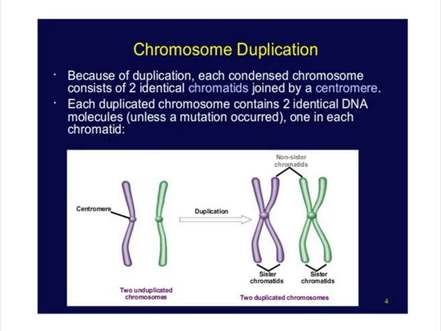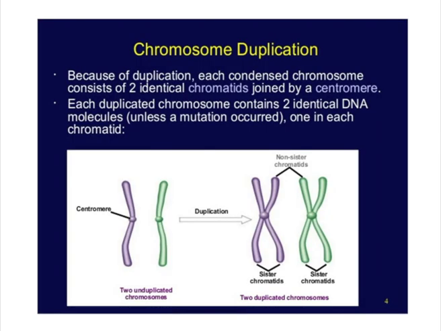You can observe the structure of a clear chromosome only in anaphase and telophase. In prophase, thread-like structures are present. Here the chromosomes have a centromere and two identical chromatids.